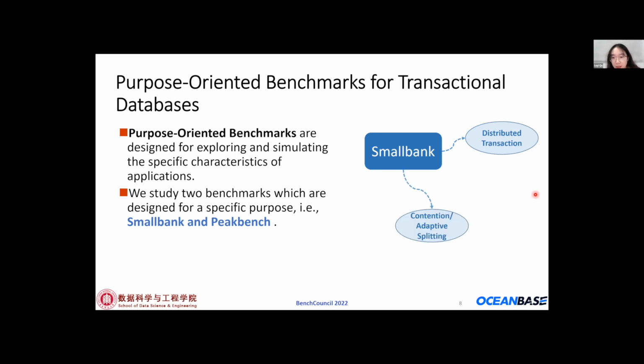Additionally, 90% of transactions involve one customer who is selected from a fixed portion of customers, which can lead to hotspots. Therefore, the processing ability of contention and automatic data splitting may be evaluated.